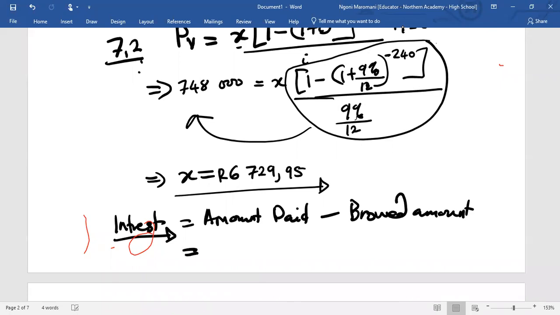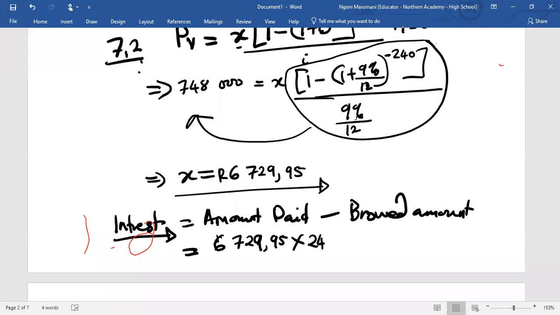So how can we get the total amount paid? X multiplied by 240. That is X, the monthly repayment, multiplied by 240. And how much is the monthly repayment? 6,729.95 multiplied by 240.